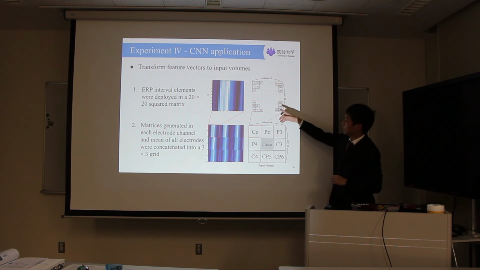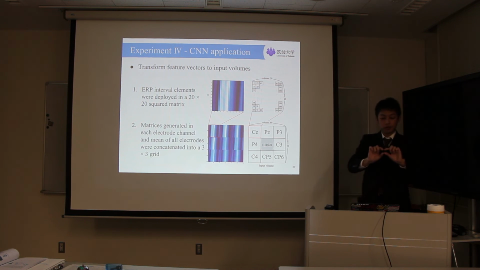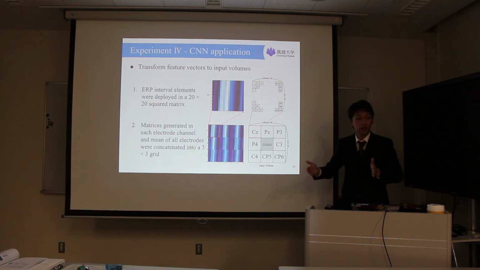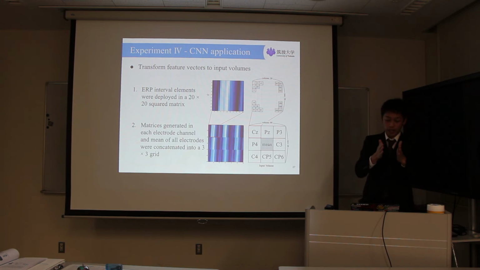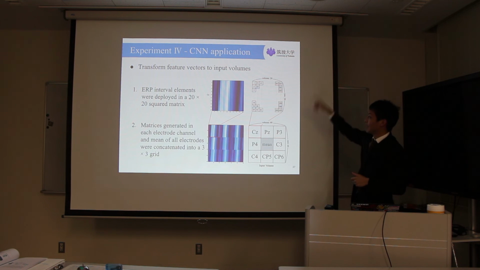Previously, the length of the ERP intervals was 1 to 410. At first we cut the first 10 elements to create a 20 by 20 squared matrix.